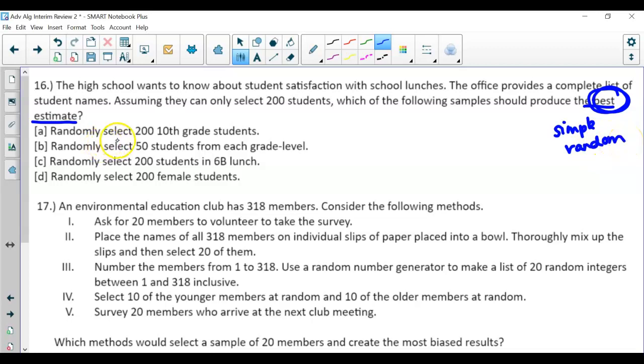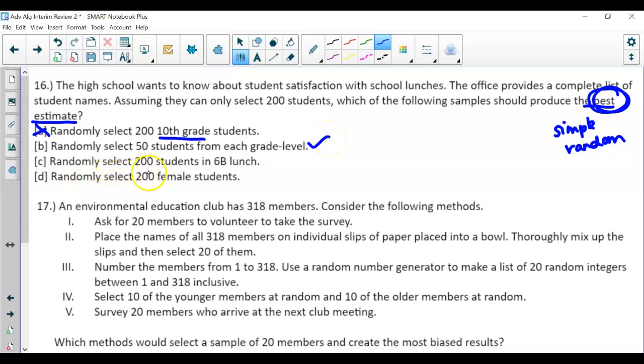So here we're going to randomly select 200 10th grade students, but that's just from the 10th grade. What about 9th, 11th, and 12th? So nope, not as accurate as it could be. So then here, we're going to select 50 students from each grade level. Now this is accurate because this is your stratified. So we'll keep this one and keep going.